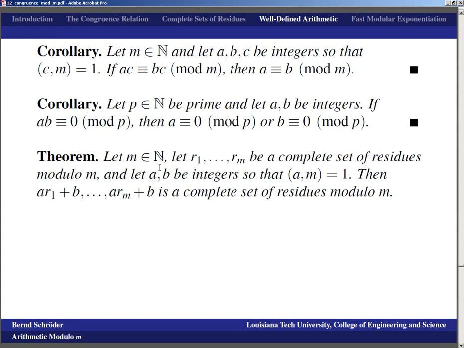So if we take a modulus and we take a complete set of residues modulo m, and we let a, b be integers so that the greatest common divisor of a and m is 1, then ar1 plus b through arm plus b is a complete set of residues modulo m. How does that go?